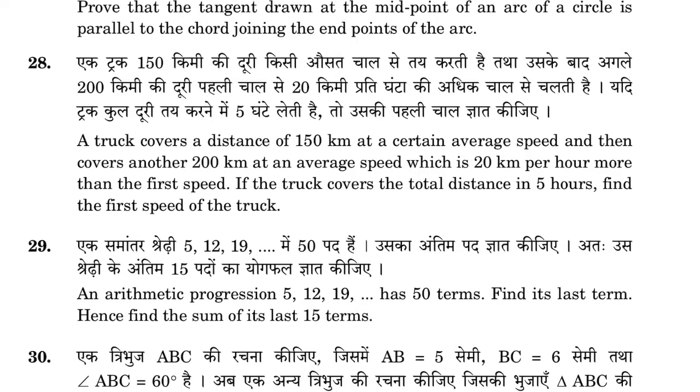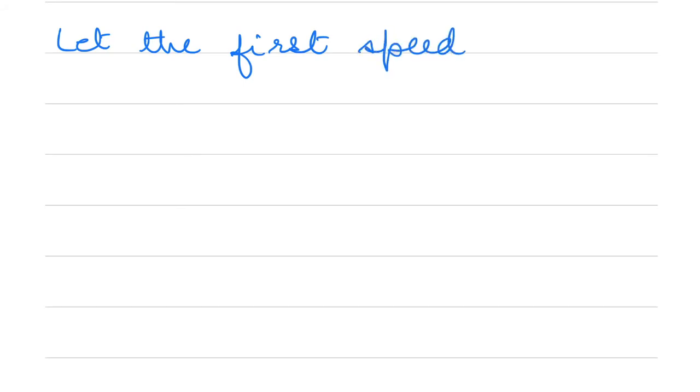Question number 28. In this question, we have two distances traveled at different speeds, and the time is given as 5 hours for the total journey, and we have to find the first speed of the truck. Let the speed for the first journey be x kilometer per hour.